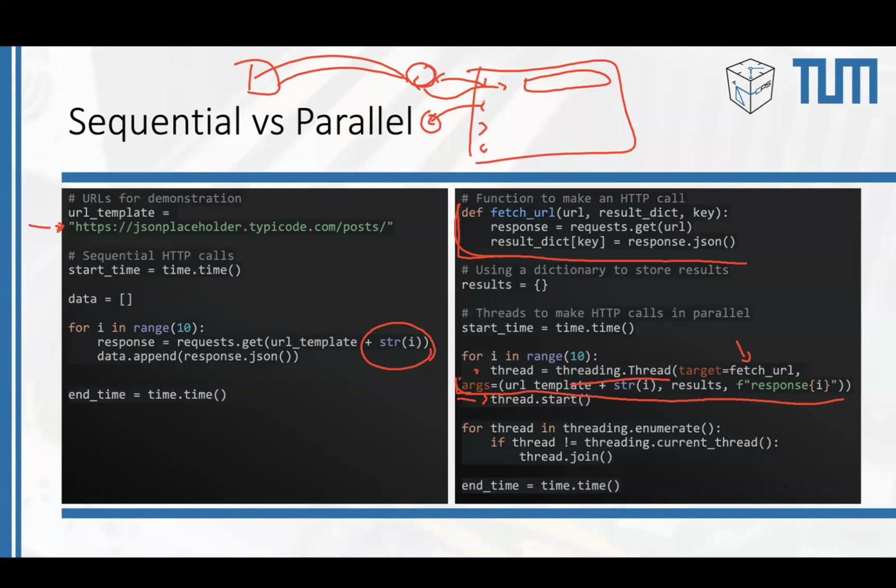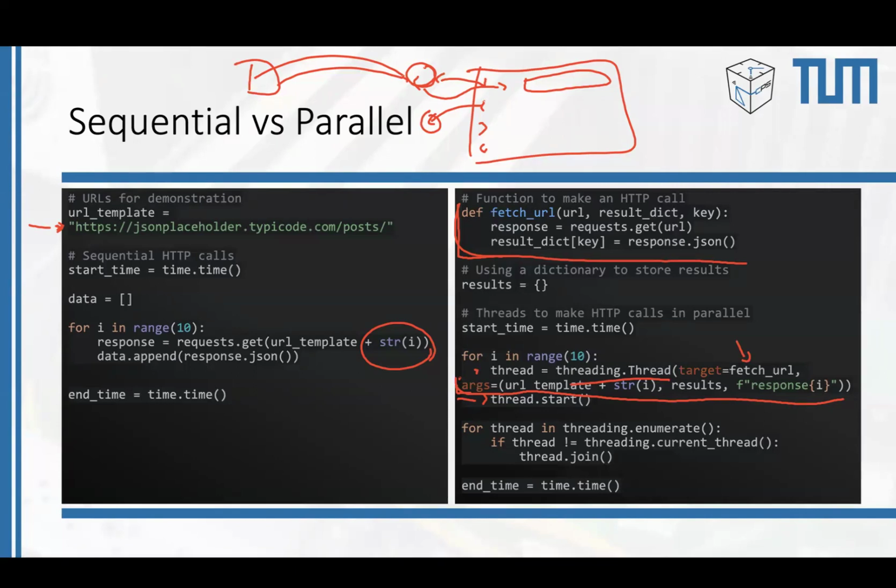So here I'm waiting for thread 1, then thread 2, then thread 3, and so on. If thread 1 is done, and then I join thread 2, but thread 2 is already done, just go on to the third. So I'm not waiting sequentially anymore. I'm just checking that all of them are finished. Any order is good, because once they're all done, this will go through. And then I check my time.